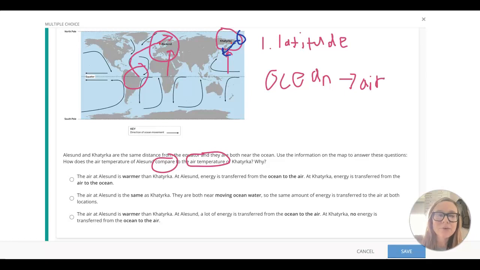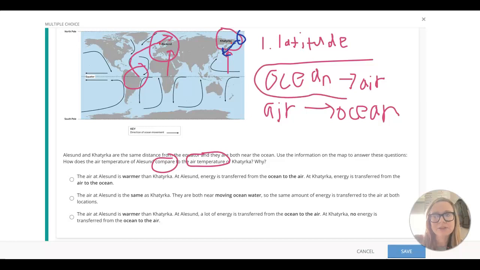And if I have a cool ocean current, then I have my air, which is warmer than the ocean, transferring to the ocean. And so when I have my warmer ocean transferring to the air, that location is going to be warmer than in a location where the air is transferring to the ocean.